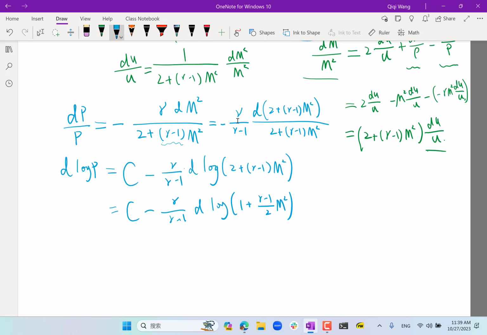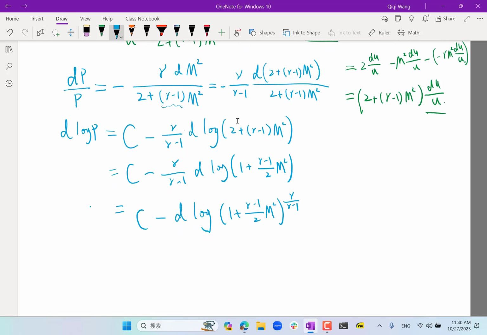The result is that, let me just further transform it a little bit. So this is c minus the derivative of the logarithm of, if you take this inside of the logarithm, it becomes a power. It becomes to the power of gamma over gamma minus 1. That's just taking a multiplicative quantity outside of the logarithm into the logarithm, which becomes a power.